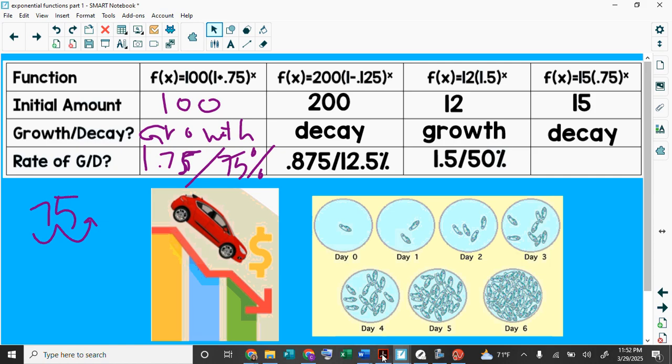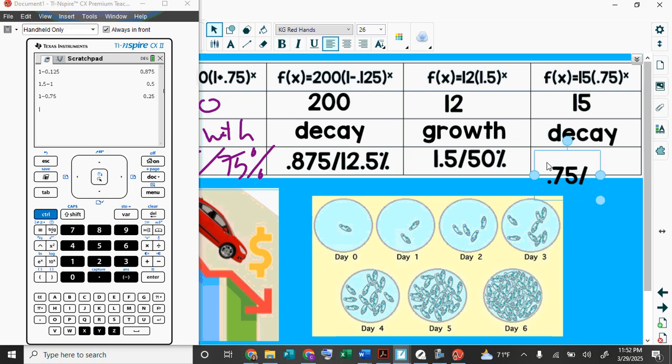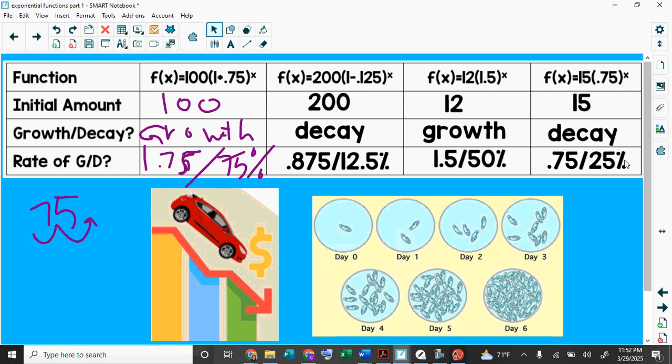And then you can take your calculator and what is 1 minus 0.75? Well, it is 0.25. My decay factor was 0.25, and my decay rate was 75%. However, I did away from 1 is what my decay was.